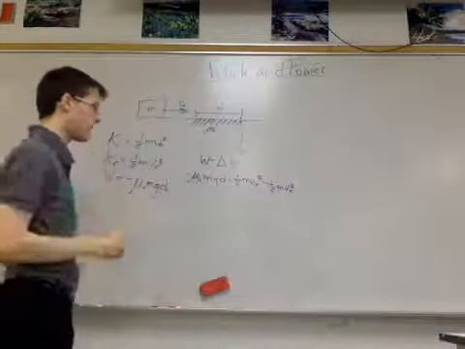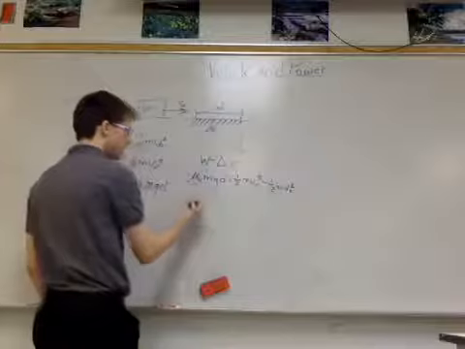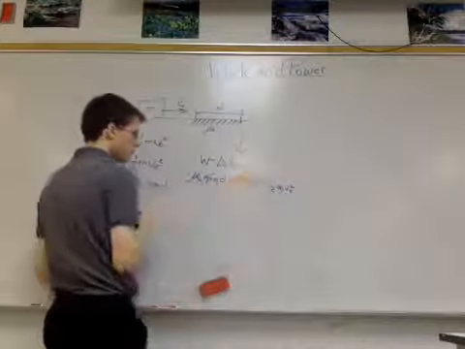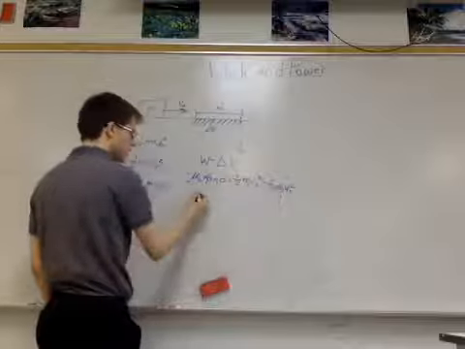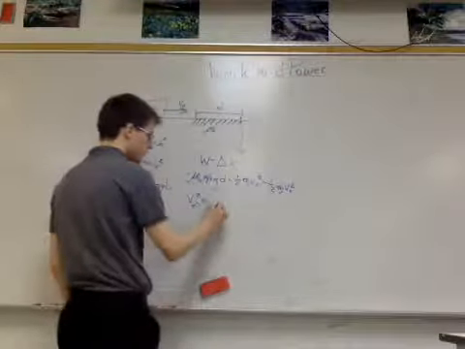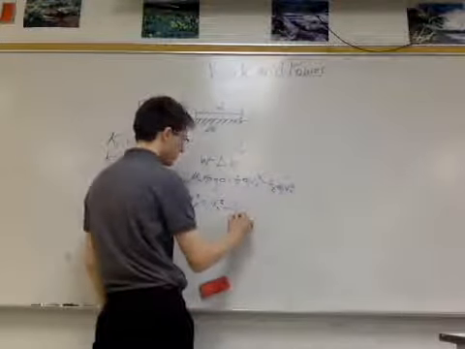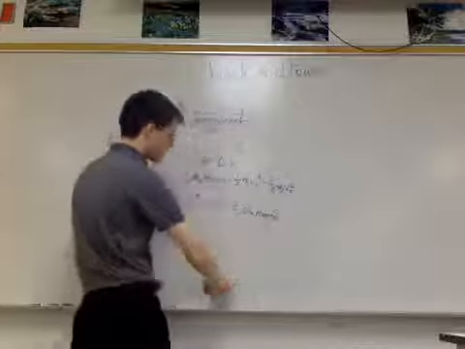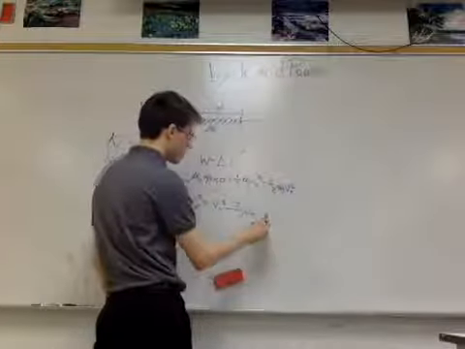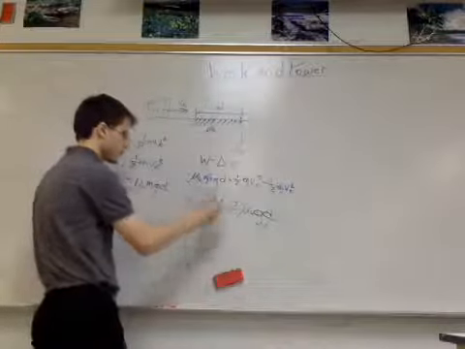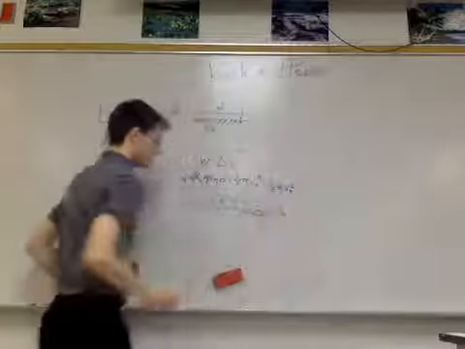So solving for Vf, we can cancel out the m's. We can multiply by 2 across, and we'll add this to both sides. So we're going to have Vf squared is equal to v naught squared minus 2 mu k gd. Now if we want to solve for Vf, we'll take the square root of both sides, and we're done.